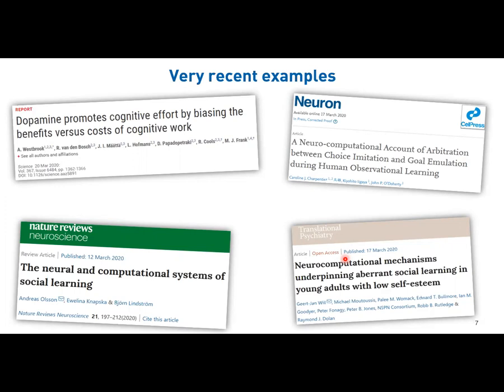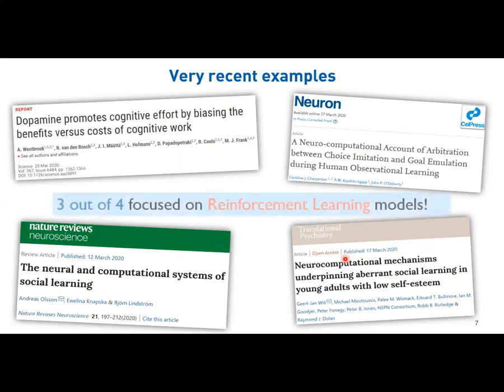So here are a few papers I show. They are from March last year. I showed four, and three of them focus on reinforcement learning models. And if you know the journals, they are pretty good journals, and there's the potential to have a good paper there.